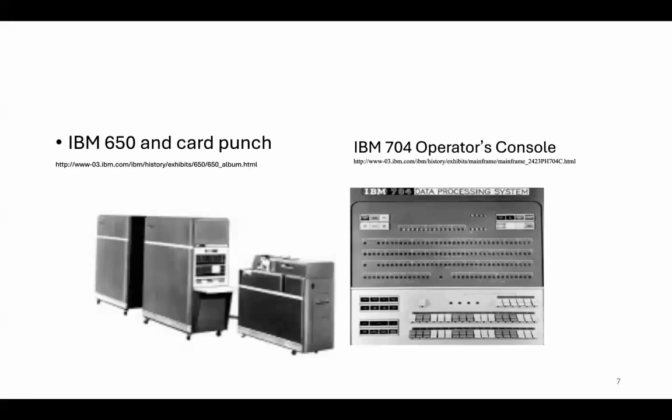And to give you an example about how the machine looked like at the time, this is the IBM 650, and this is on the right side, the IBM 704 operator's console. So they are very large and complex and very bulky, and at that time, they were very expensive. You can actually maybe think about it like millions of dollars nowadays.